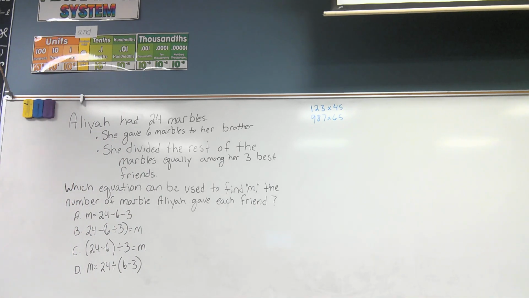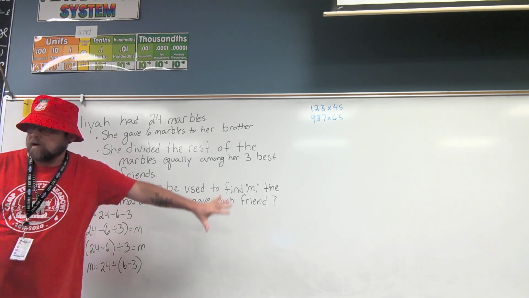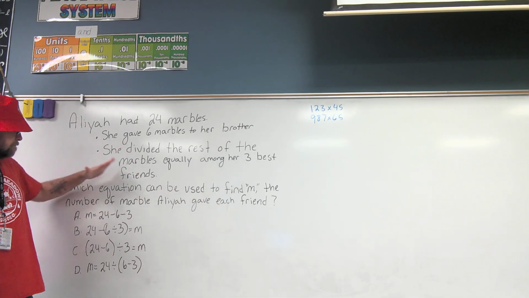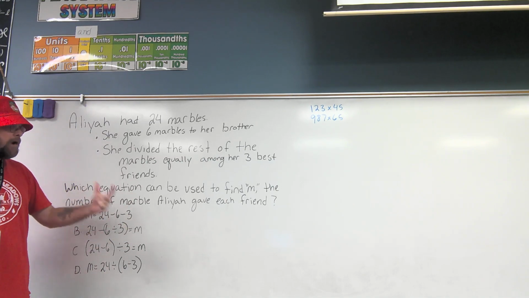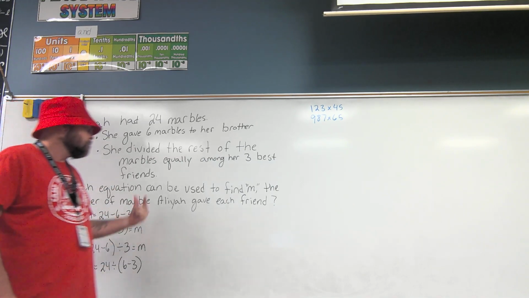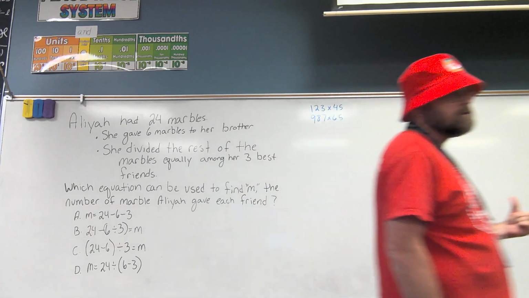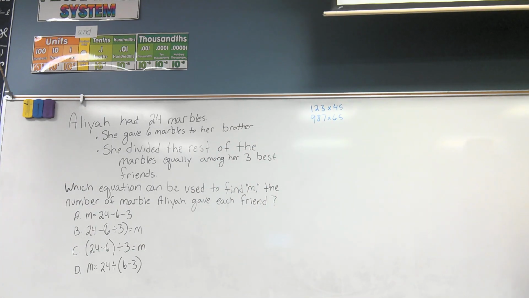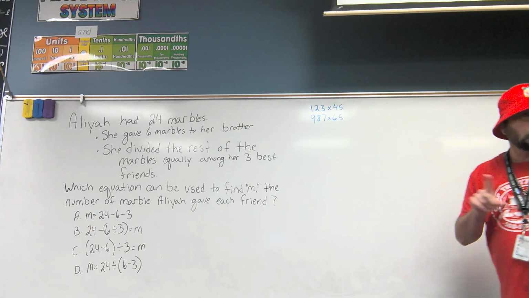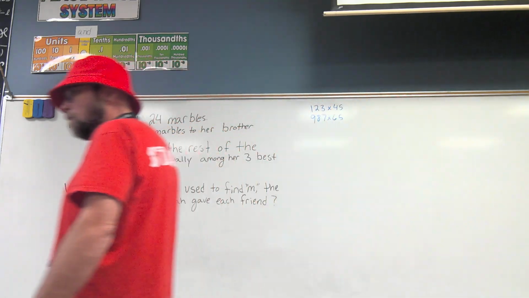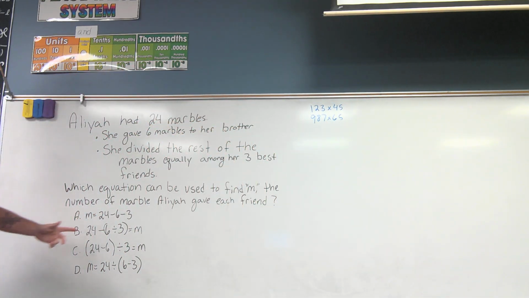My suggestion, and I may have told you this before, is to solve the problem, forgetting about what equation it is. Find out what M is. Find out the number of marbles that she gave to each friend. Once you know the value of the variable, which is M, you can go through and replace wherever it says M with that number.